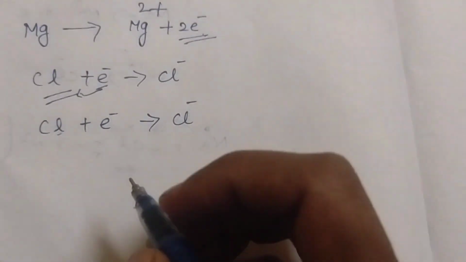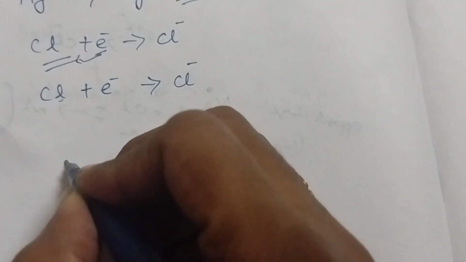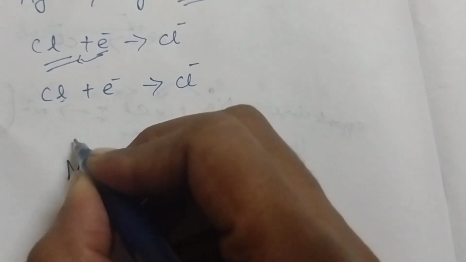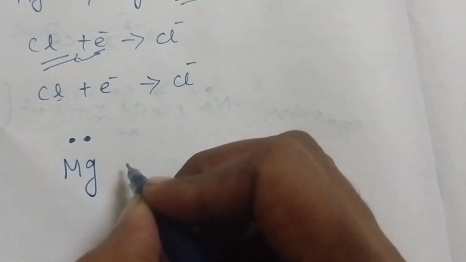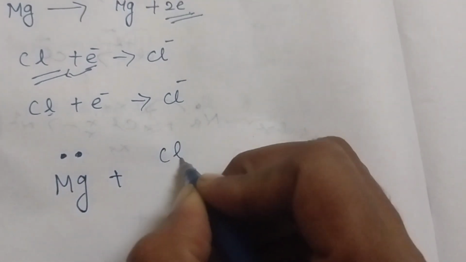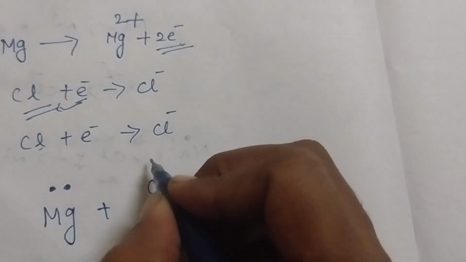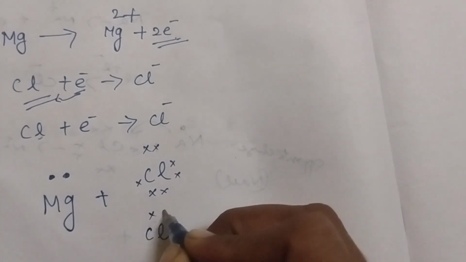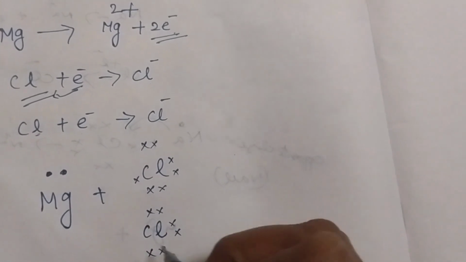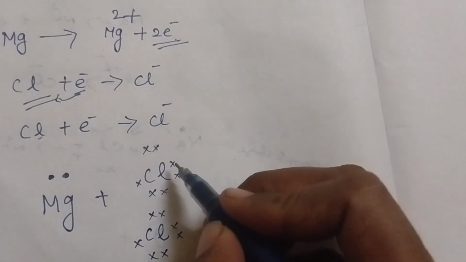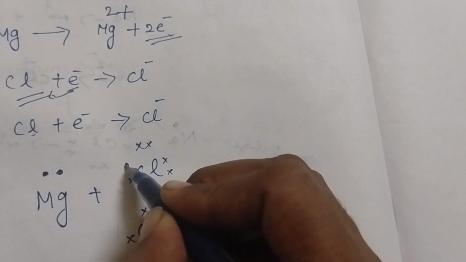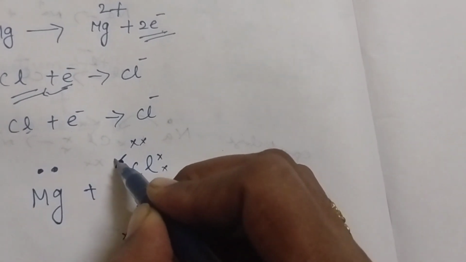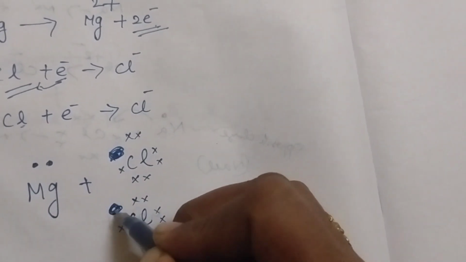Now see how the reaction will take place. Magnesium, how many electrons is it removing? 2 electrons it is removing, plus 2 chlorine we are taking here. Here 1 chlorine and here also 1 chlorine. 1, 2, 3, 4, 5, 6, 7, because 7 electrons it contains in its last shell. So this place is empty and this place is also empty.